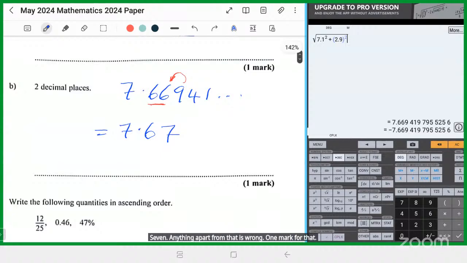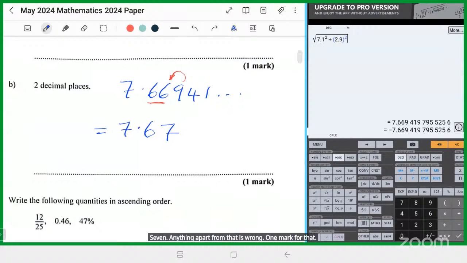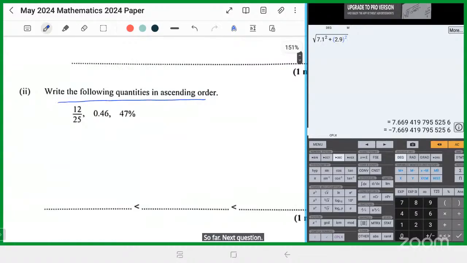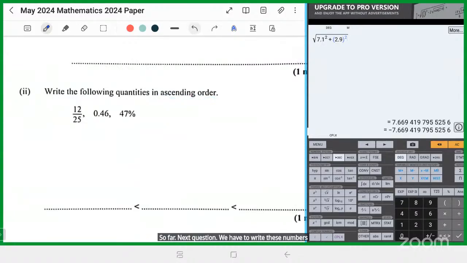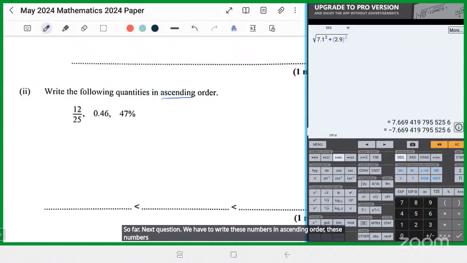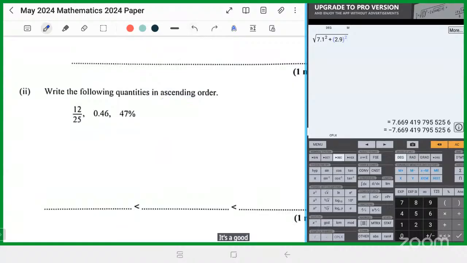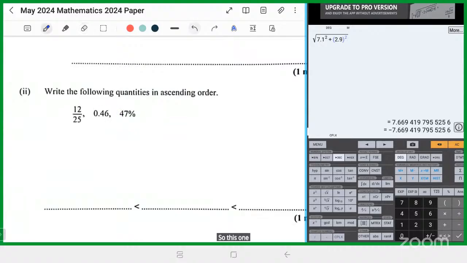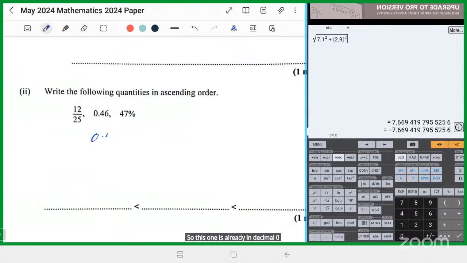So far. Next question. We have to write these numbers in ascending order. Ascending means that you are going from the lowest value to the highest value. So a good way to see the actual value of these numbers is to put them all in decimal. This one is already in decimal, 0.46.